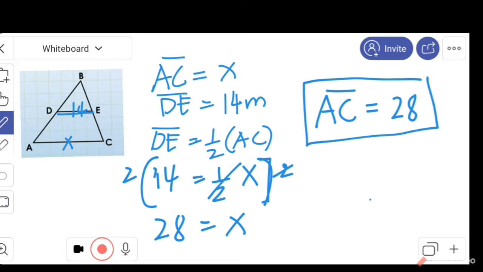Very good. For conclusion, if the midline is given, to find the third side, it is 2 times the midline. But if we are looking for the midline, we need to divide the third side by 2.